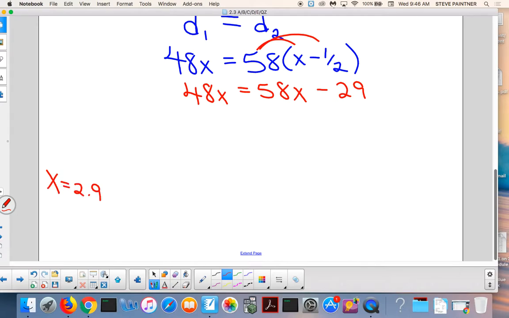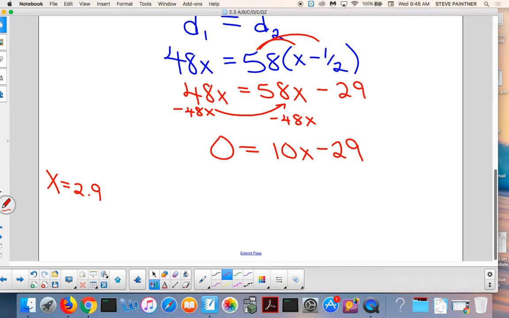So I move this over here, right, guys? So minus 48x, minus 48x, and I get 10x minus 29 equals what? 0. Okay, now what do you do? Add 29. 29 equals 10x.